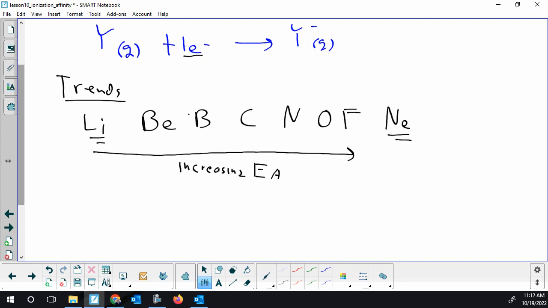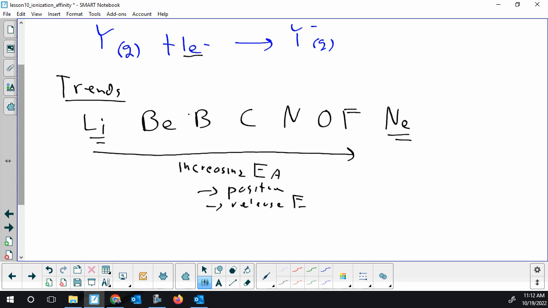Now this increased electron affinity is positive or a release in energy. So the atoms want to take in the electrons. Okay. It's a spontaneous energy releasing process. And it more and more wants to do it, and you get a more and more positive number. There's a greater electron affinity.